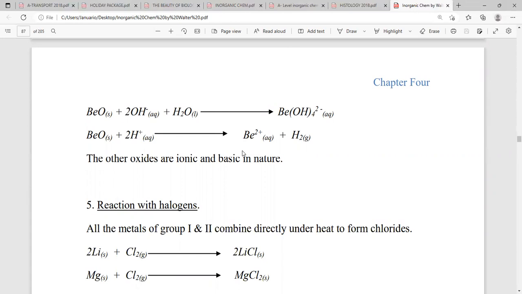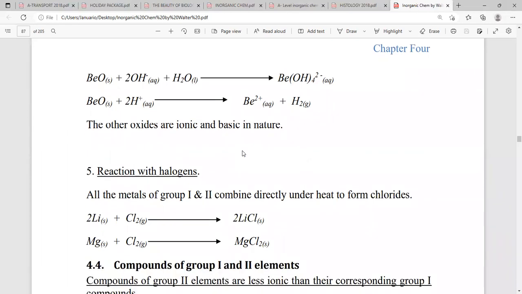That is a complex. And with acids, it forms a salt of the corresponding acid and water. The other oxides are ionic and basic in nature. They are not amphoteric. That means they only react with acids. They do not react with alkalis.